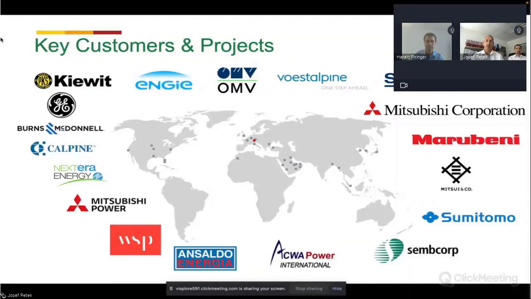And in consulting, for instance, OMV of Austria or the voestalpine steel mills of Austria are customers for our software tools. You can see a very dense location of projects on the Arabian Peninsula.